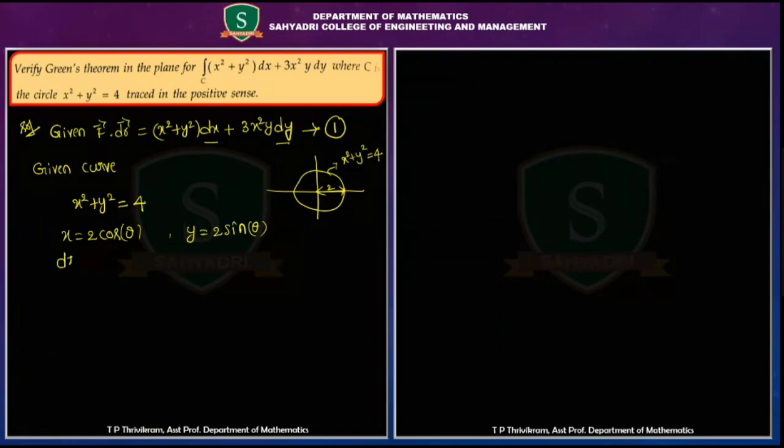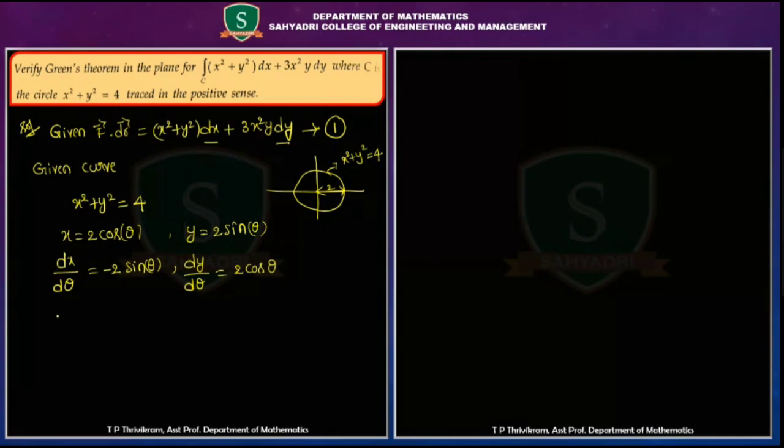So dx by d theta is equal to minus 2 sin theta. Similarly, dy by d theta equal to 2 cos theta. Now send this d theta to this side.